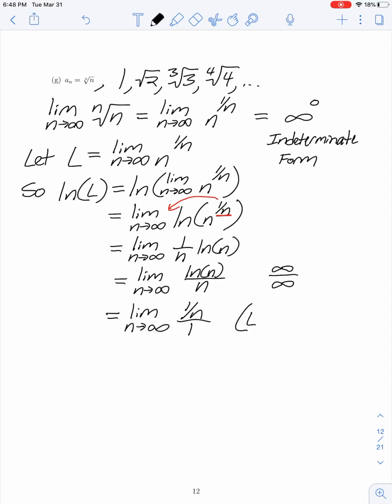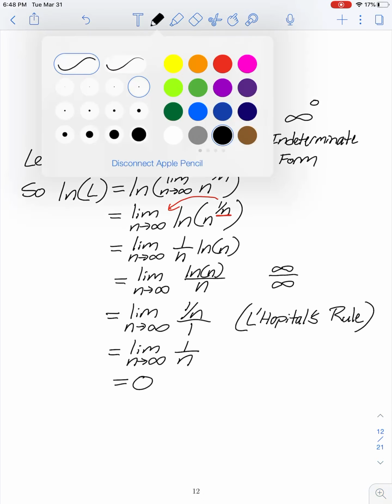If I differentiate the numerator, natural log of n, I have 1 over n, and the derivative of n in the denominator is 1. So we have applied L'Hopital's rule. What we're left with is the limit as n approaches infinity of 1 over n, which is 0.